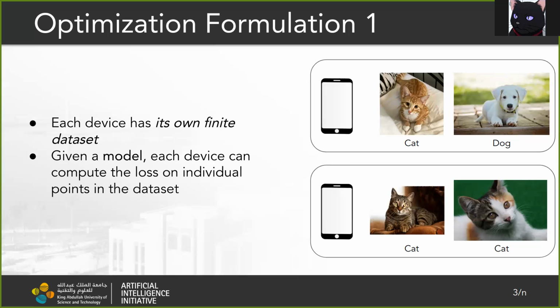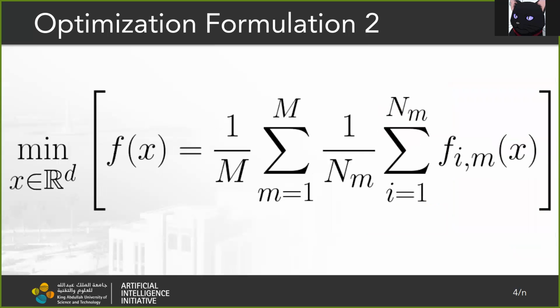So given a model that can predict whether an image represents a cat or a dog, the device can compute the loss with respect to one data point that it has. And the data sets, as I said, can be very heterogeneous. They can be very different.